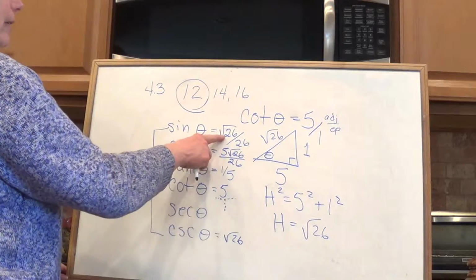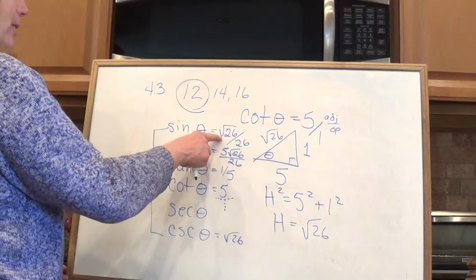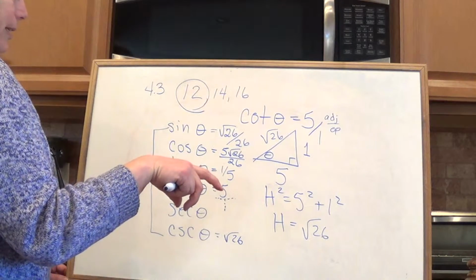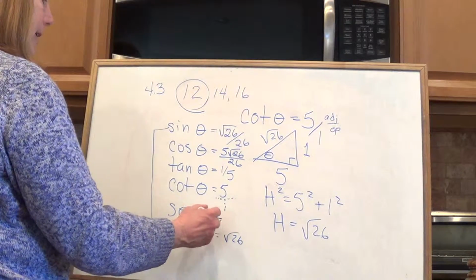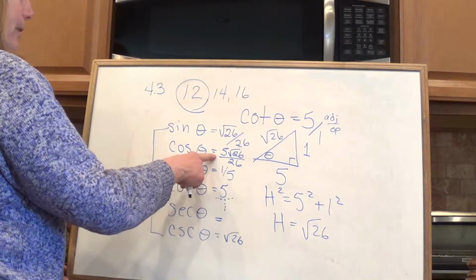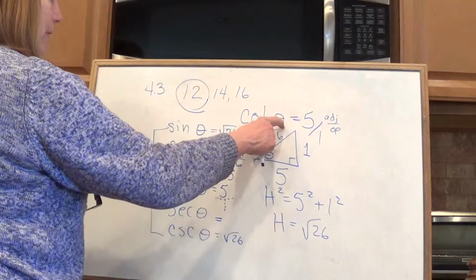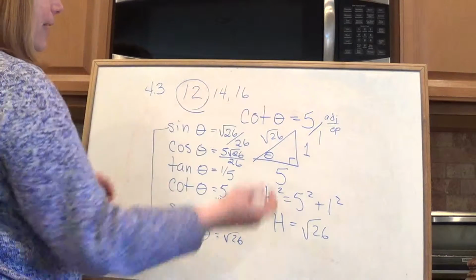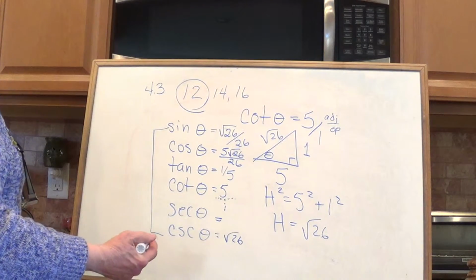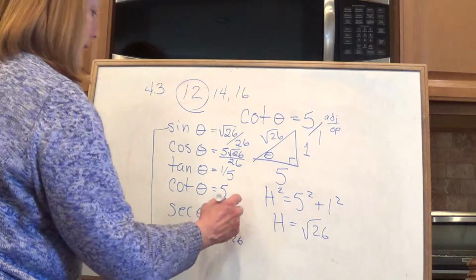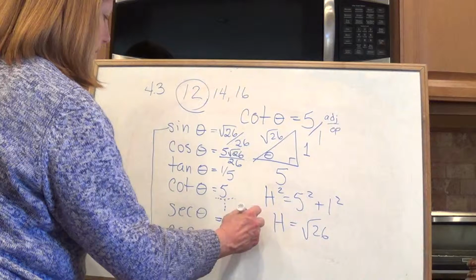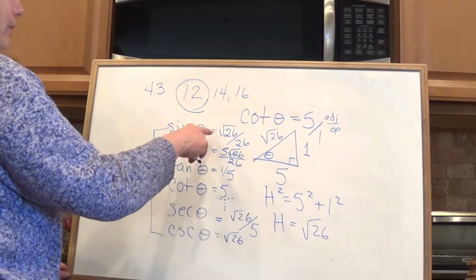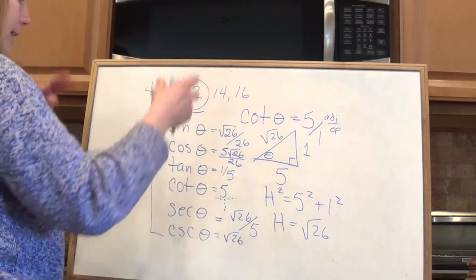And if you flip this one, make 26 over the square root of 26 and rationalize that, you'll see you get back to this. And before I did this one, I had 5 over the square root of 26. So if I turn that upside down, I get square root of 26 over 5. Let me check this one. This one was 1 over square root of 26, right?